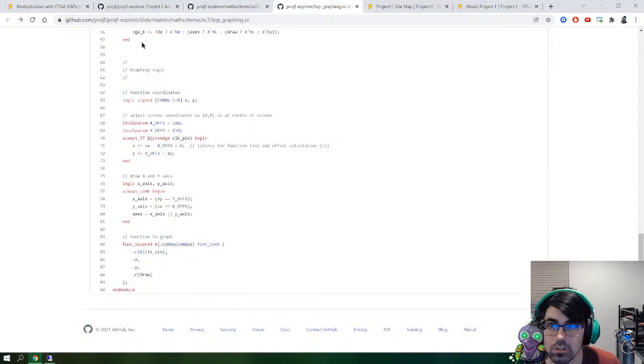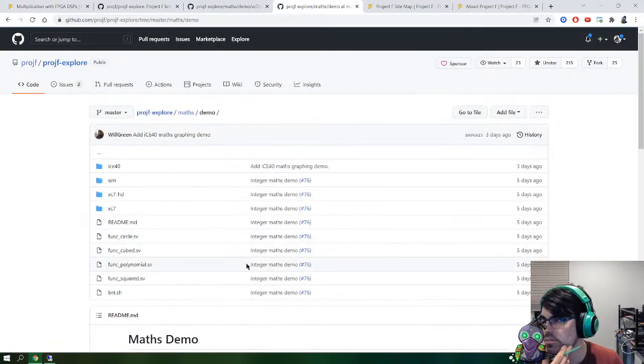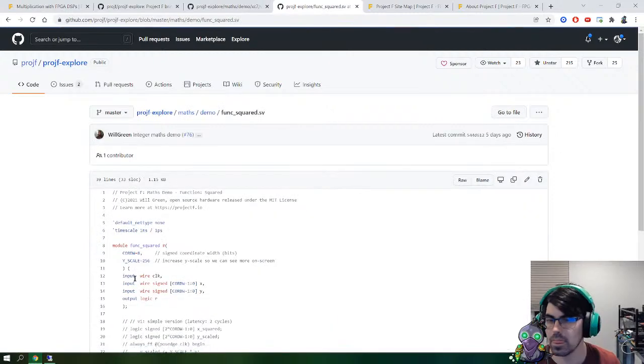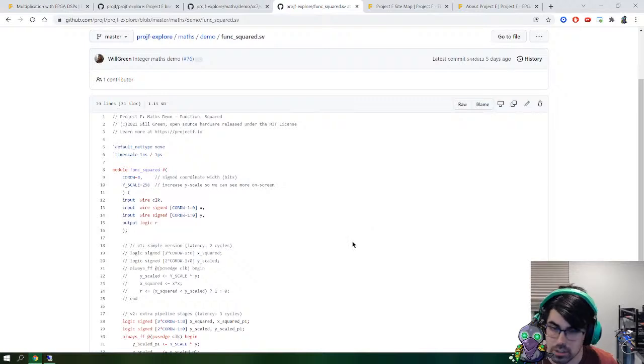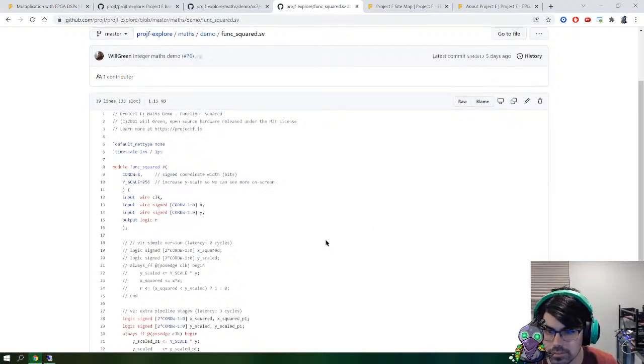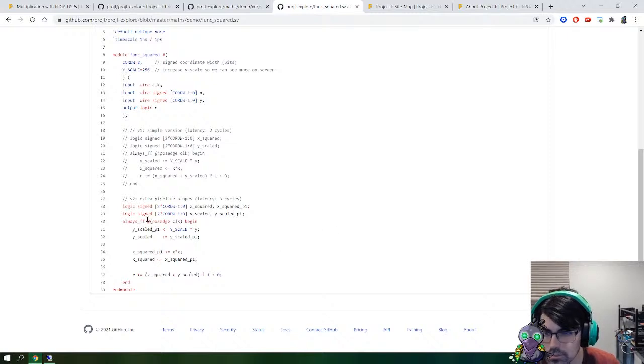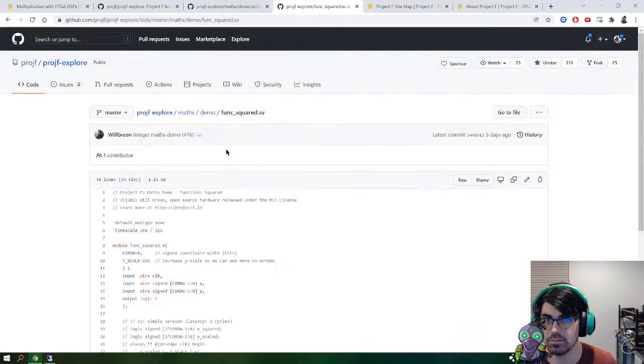Function squared. So let's go see what function squared looks like. We have a clock, we have the X and the Y and the R, and okay, so it looks like we're just drawing a square based upon different parameters.